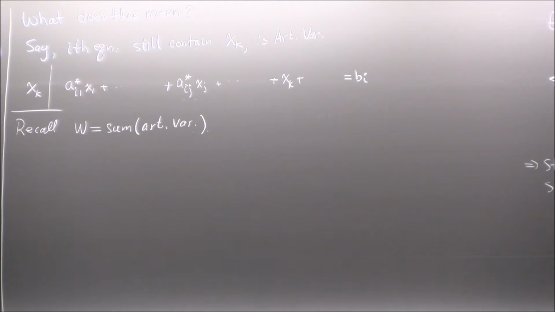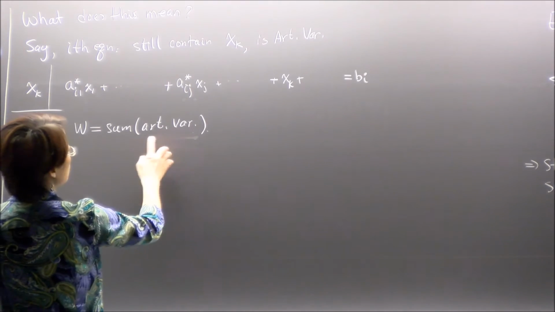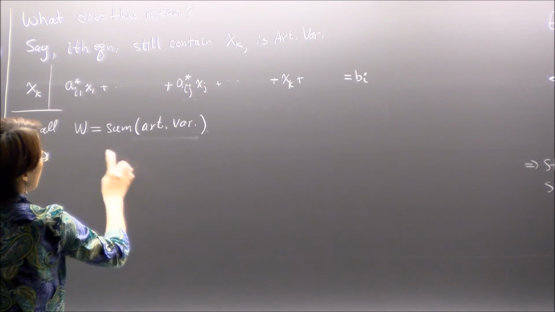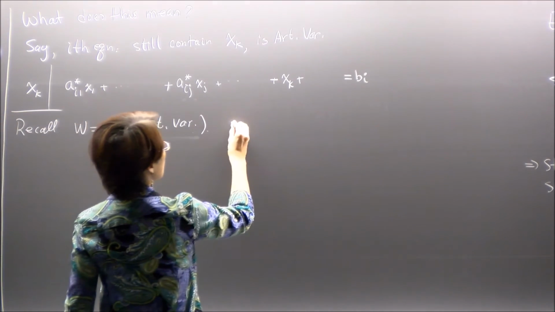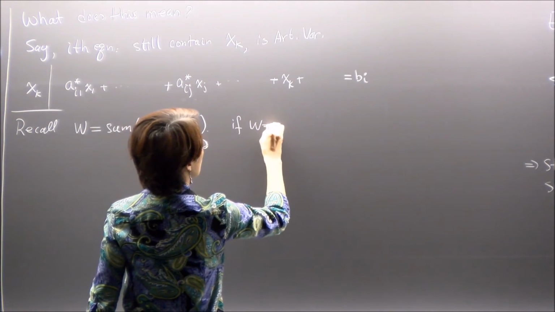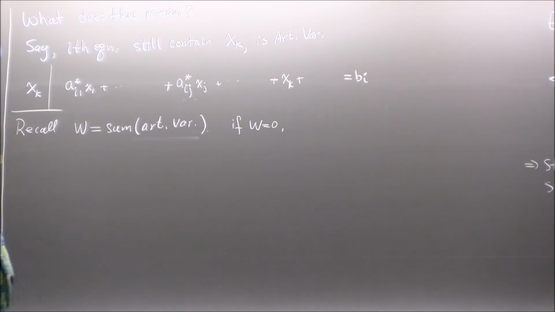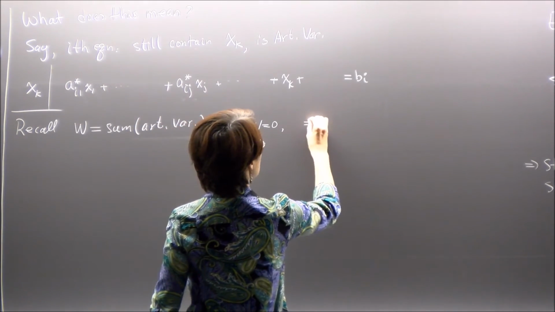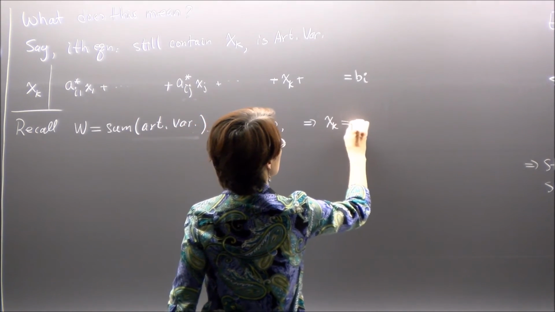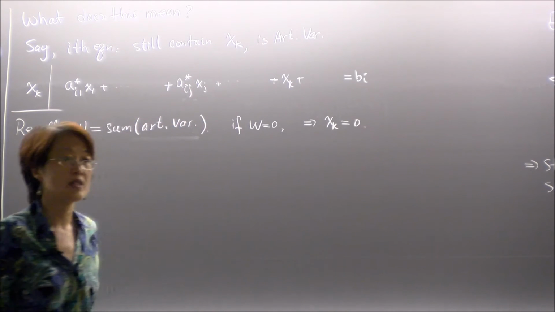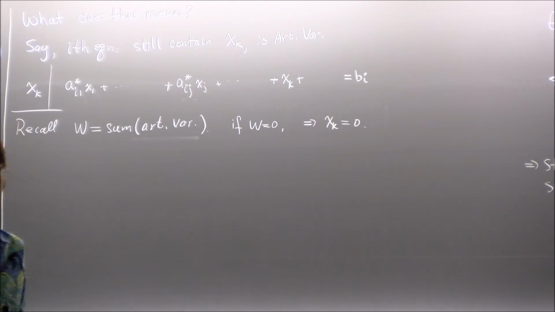Last time we talked about this. You sum over something that's all non-negative, and then W is 0. And then all the artificial variables must equal 0 right there, right? Otherwise, it will be strictly positive, okay? Which means xk must equal 0 at that basic solution. Is that right?